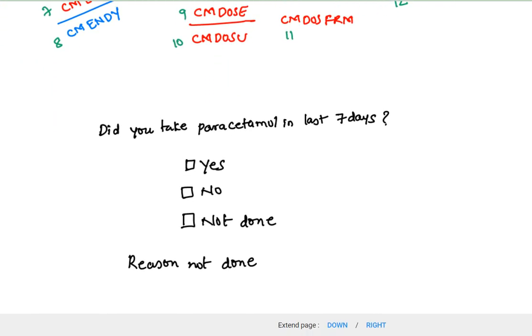Sometimes at the start of the study, the investigators would be interested in understanding whether the patient has taken any specific medication. So for the sake of simplicity, I have asked the same question. So did you take paracetamol in last 7 days? So let's assume that this question is being asked at the screening. So we would be capturing whether they have taken paracetamol or not as part of SDTM CM domain.